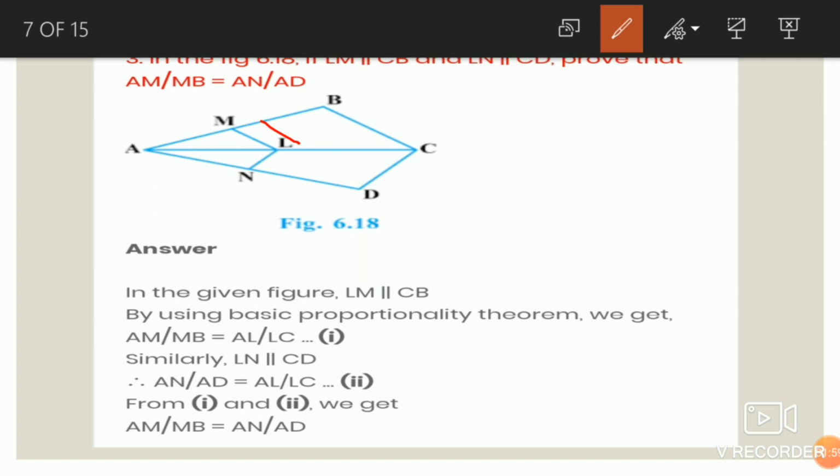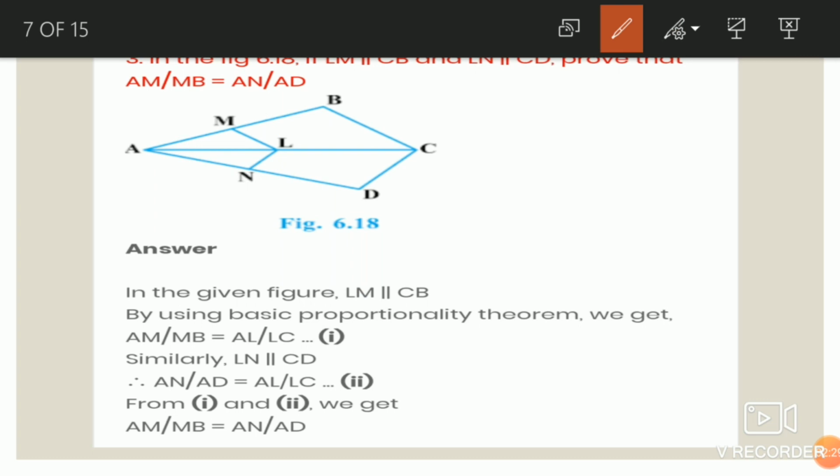So LM is parallel to CB, and LN is parallel to this one, is parallel to CD right over here. So in triangle ABC, we can see we have two parallel lines. So automatically we can say that AM by MB is equal to AL by LC, isn't it?